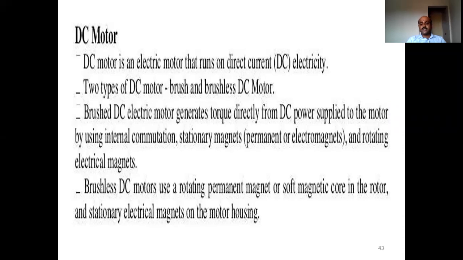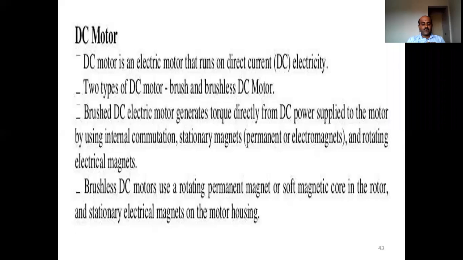In the brushed DC electric motor, the torque is generated directly from the DC power supply, and this generation of torque takes place by using internal commutation, stationary magnets, which may be permanent magnets or electromagnets, and rotating electrical magnets. All these three components are involved in the generation of torque directly from the DC power supply to the motor. Such motors we call brushed DC electric motors.